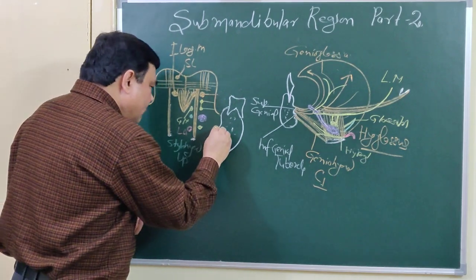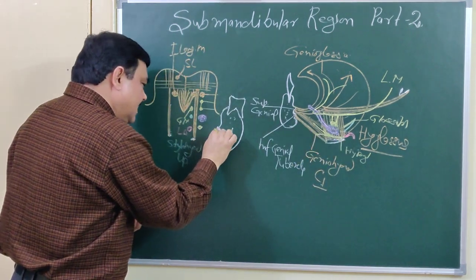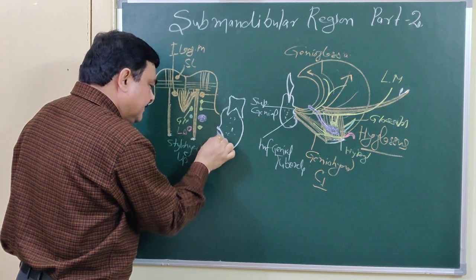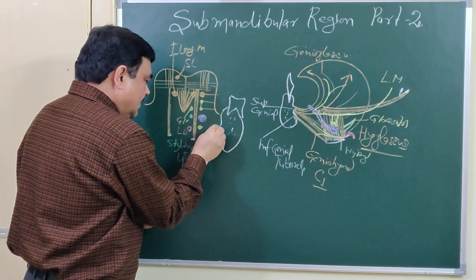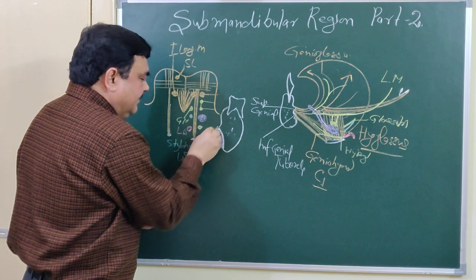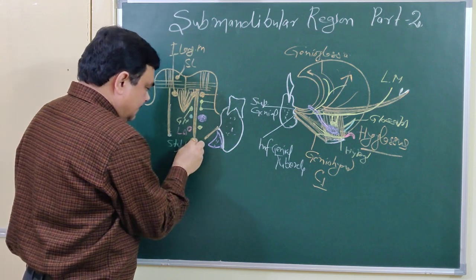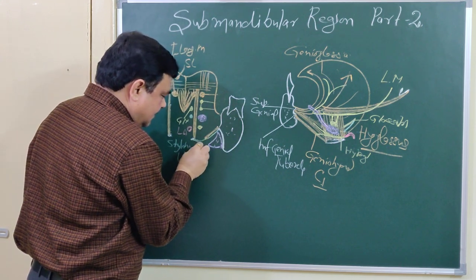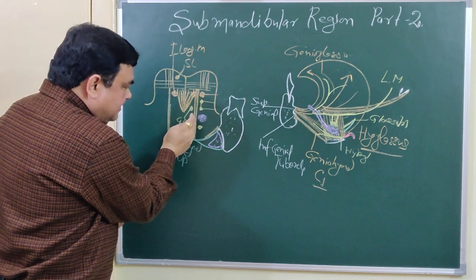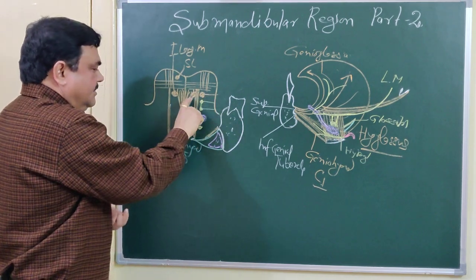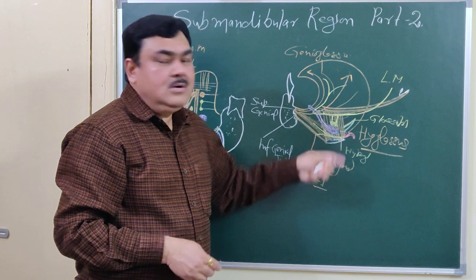In this submandibular fossa, one gland lies: this is the deep part of the submandibular gland. Here lies the superficial part of the submandibular gland. This is the mylohyoid muscle. And this is the investing layer of the deep cervical fascia. So superficial to this gland certain structures are present, and deep to it others are present. So these are the relations of the hyoglossus muscle.